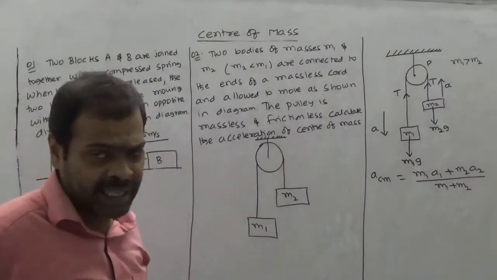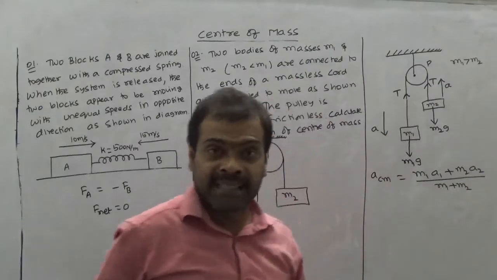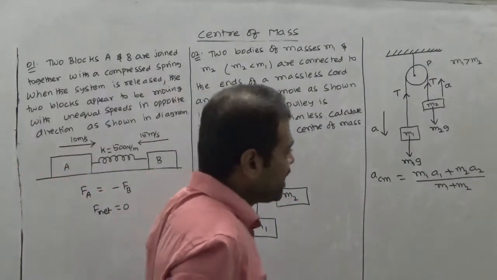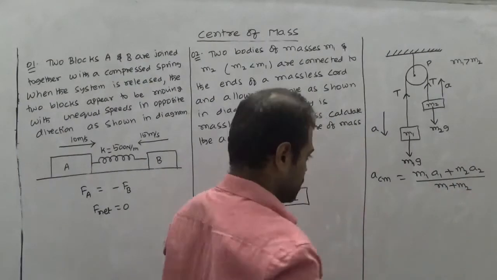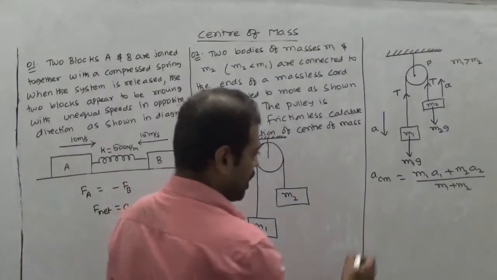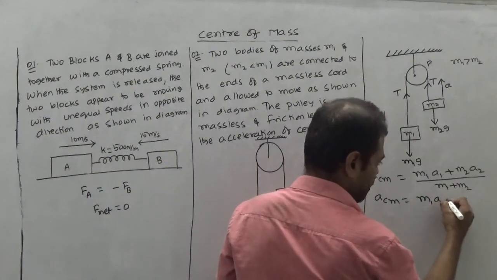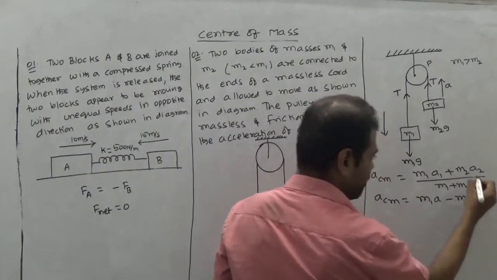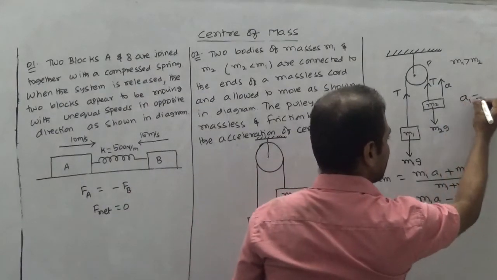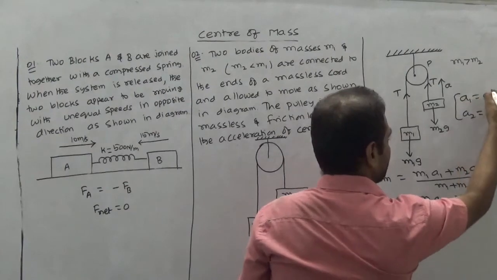For the second object, moving upwards, the acceleration is decreasing, so we indicate it with a minus. Both blocks have the same acceleration, so I can write a_cm is equal to m1a minus m2a, that is, a1 equal to a and a2 equal to minus a.